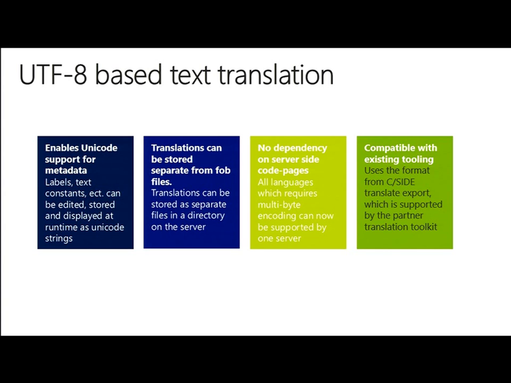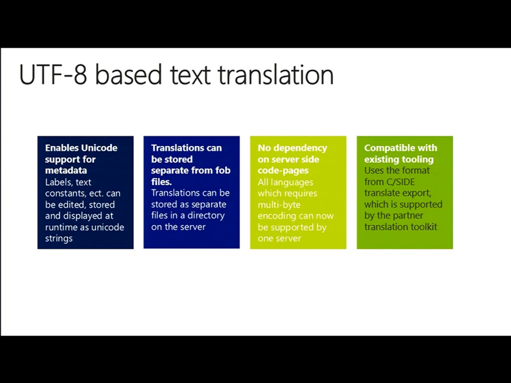Right now, even if you manage to use what we call double byte character sets, which is a hack to put Japanese or Chinese or Korean translations into NAV, you still can only display one of them because it's the server's code page that determines which one you can see. So if you set up the server to be Japanese and you try to show Chinese on the client, it will be Hebrew or something in between. So it doesn't make sense, and you're not able to do several of these languages at one time.